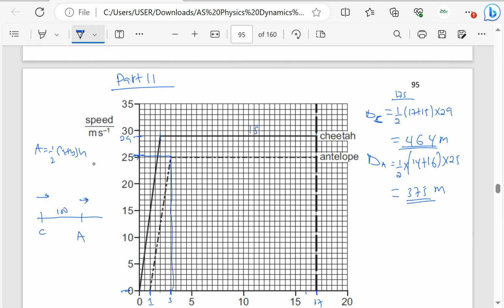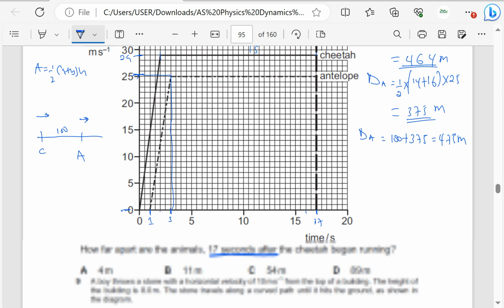But remember, they were 100 meters apart. The antelope was already 100 meters ahead before running. So the antelope's distance from the cheetah's starting point is 100 plus 375 meters, which is 475 meters. The question is, how far apart?